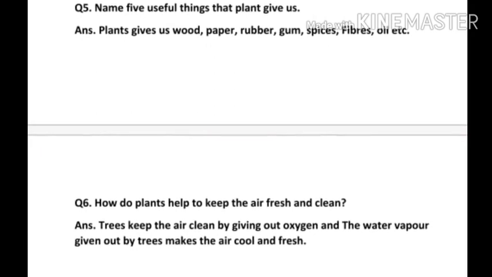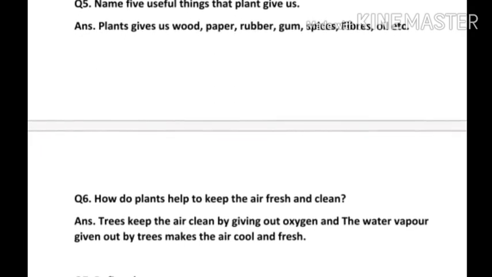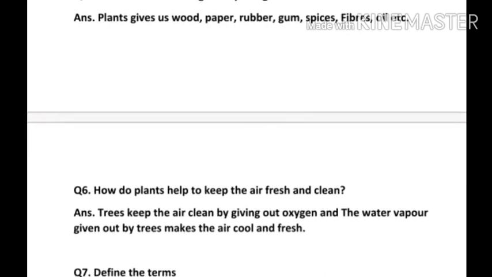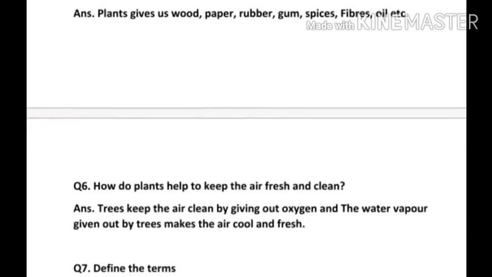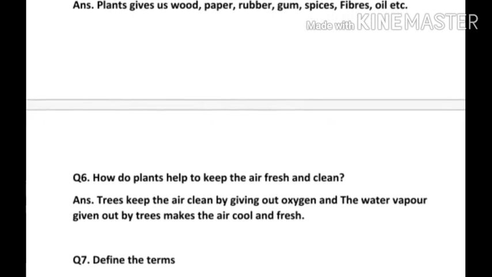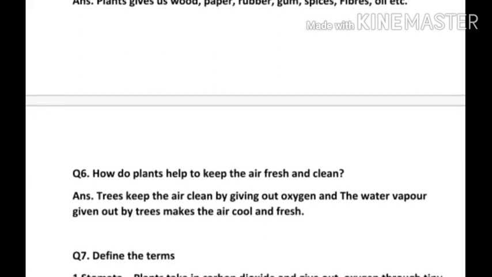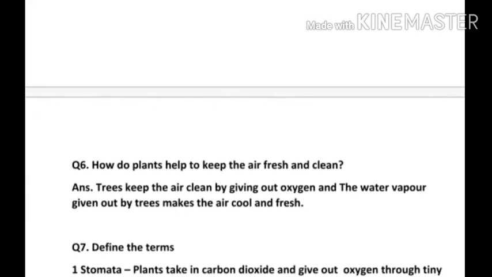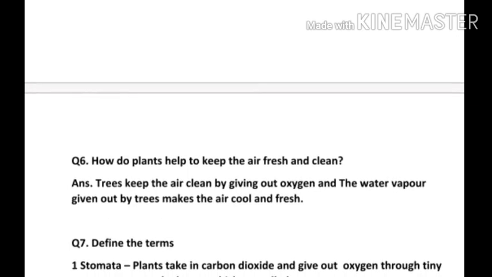How do plants help to keep the air fresh and clean? The answer is, trees keep the air clean by giving out oxygen, and the water vapor given out by trees makes the air cool and fresh.